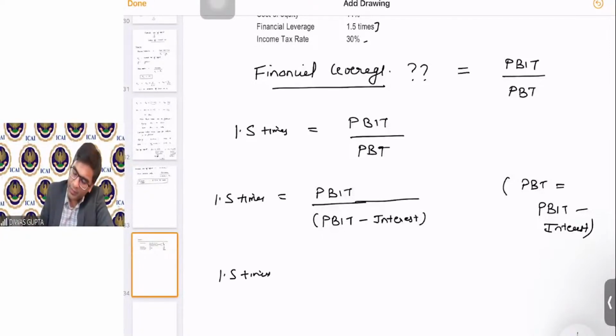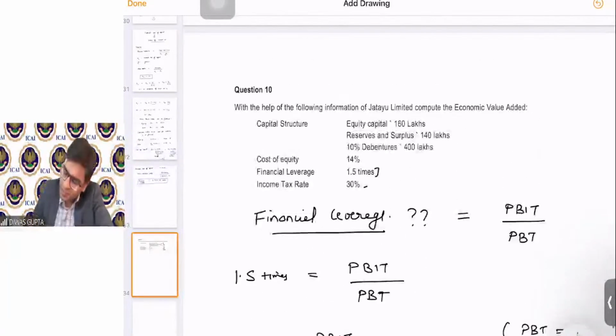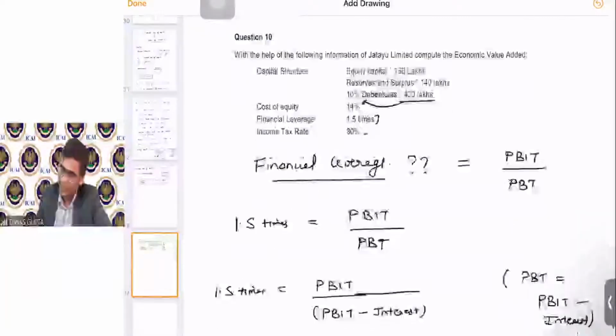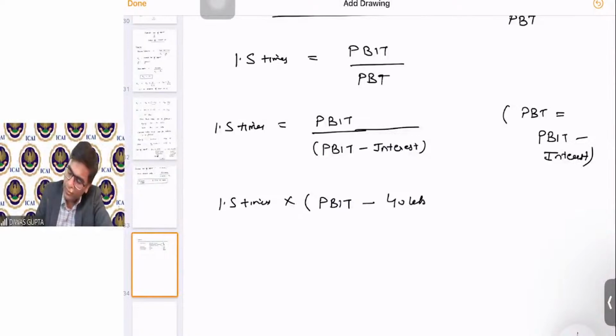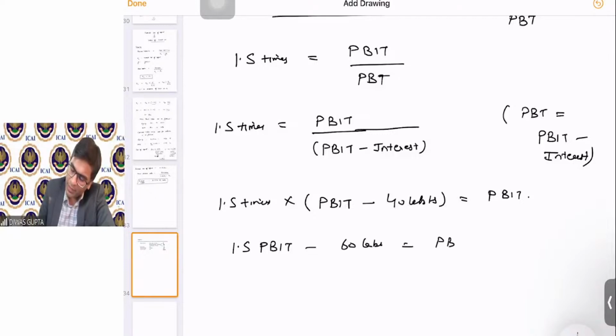Now, in a way, 1.5 times into PBIT minus, can we say what is the interest? On 400 lakhs, 10% is the amount. That means 40 lakhs is the interest, right? Now, this becomes 1.5 times PBIT minus 60 lakhs is equal to PBIT.